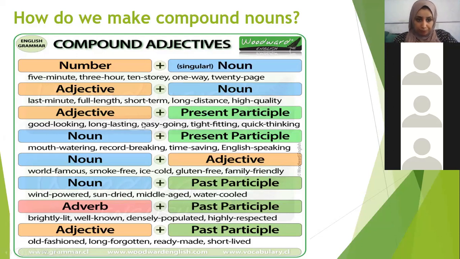So you say brightly-lit or well-known. So well is the adverb and known is the past participle, maybe highly-respected. And finally, you can do an adjective and a past participle, like when you say old-fashioned.